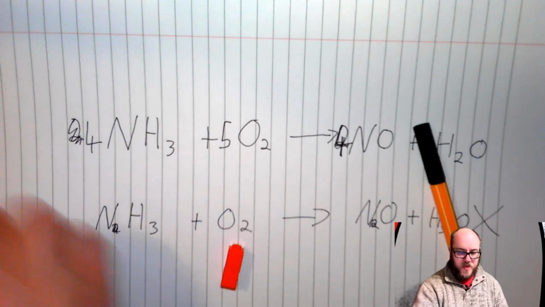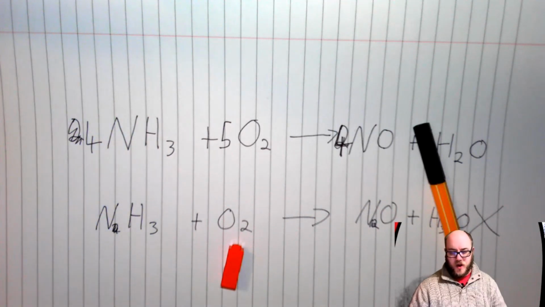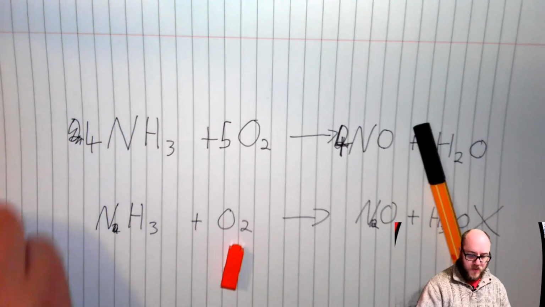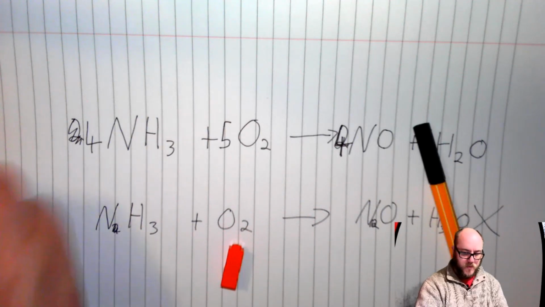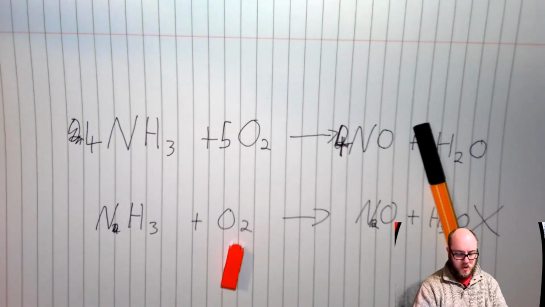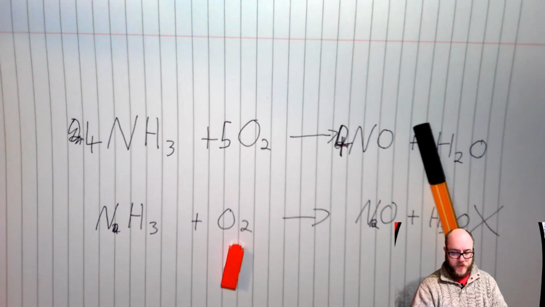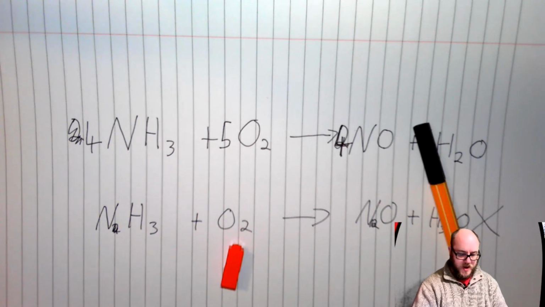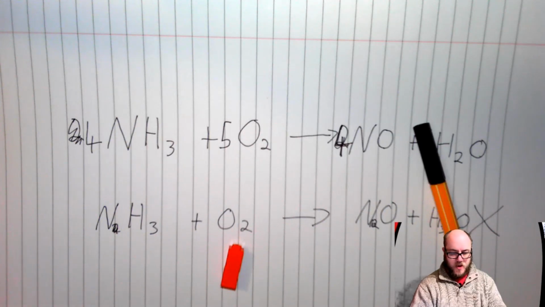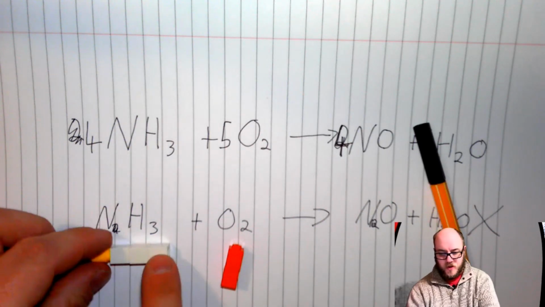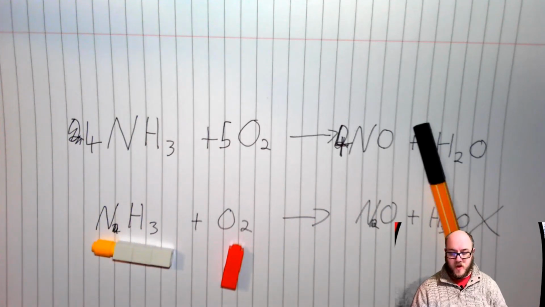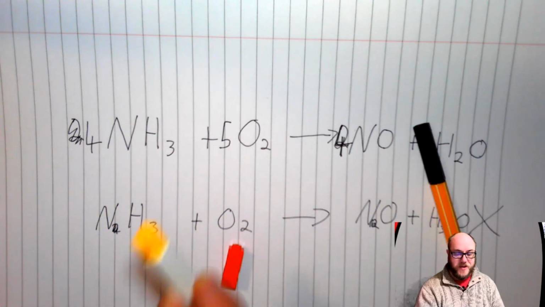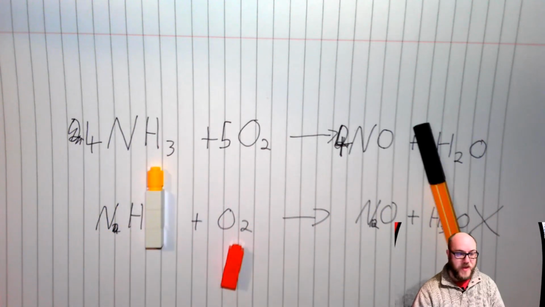And that's what I was hoping to demonstrate with the Lego. So this one, for example, NH3, oops, it is upside down. This is NH3 because it's got 3 atoms of hydrogen and 1 atom of nitrogen. That's NH3, that's ammonia. You cannot change that, it's always that.